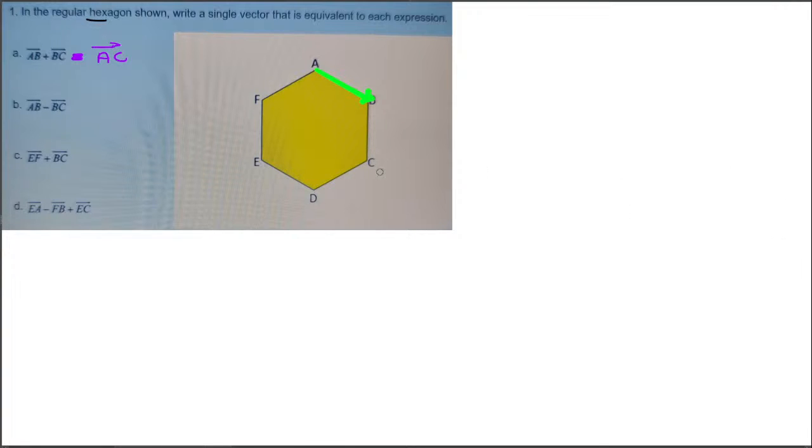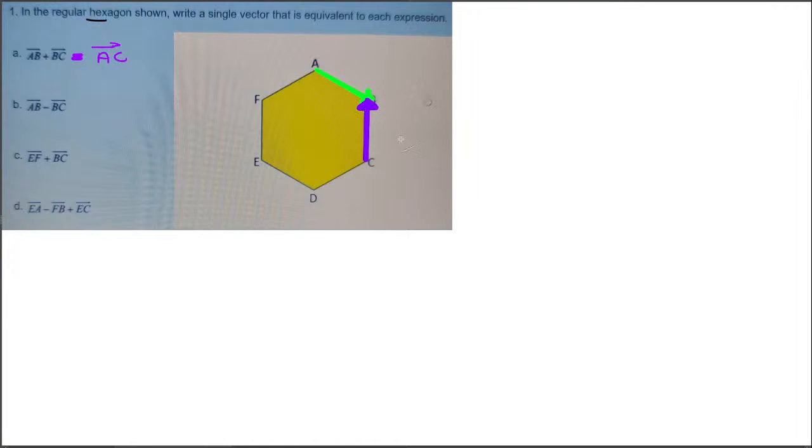So let's add a layer, and then I'll do a slightly different colored vector here. I have to actually draw this out because I'm terrible at drawing these. So from B to C would be this direction here, but since we're subtracting it, we want the negative.